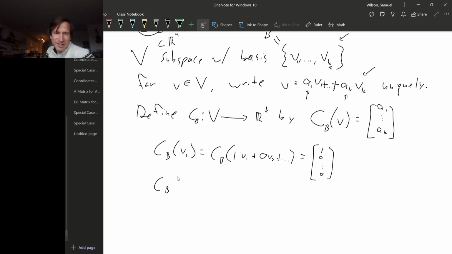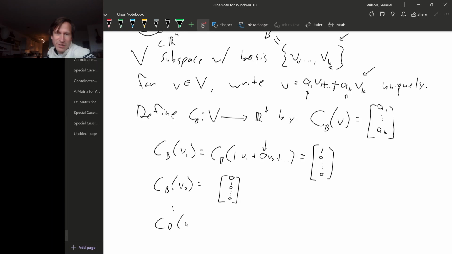This coordinate transformation applied to v2, you can see the same thing is going to happen, except the 1 is going to show up on the v2 instead of in front of v1, and zeros elsewhere. So it's going to have a 0 there, a 1 in the second entry, and then zeros elsewhere, and so on.